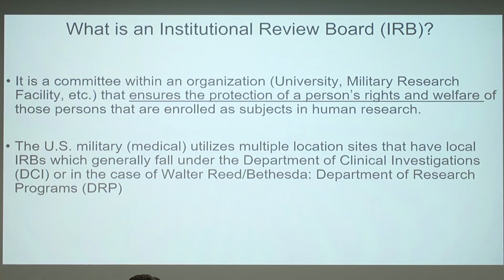So where are the IRBs for the military? Well, they're usually located at our medical centers. If there are no medical centers, there may be Department of Research programs where the IRB is located. At MedCenter, it's located within the Department of Clinical Investigations.